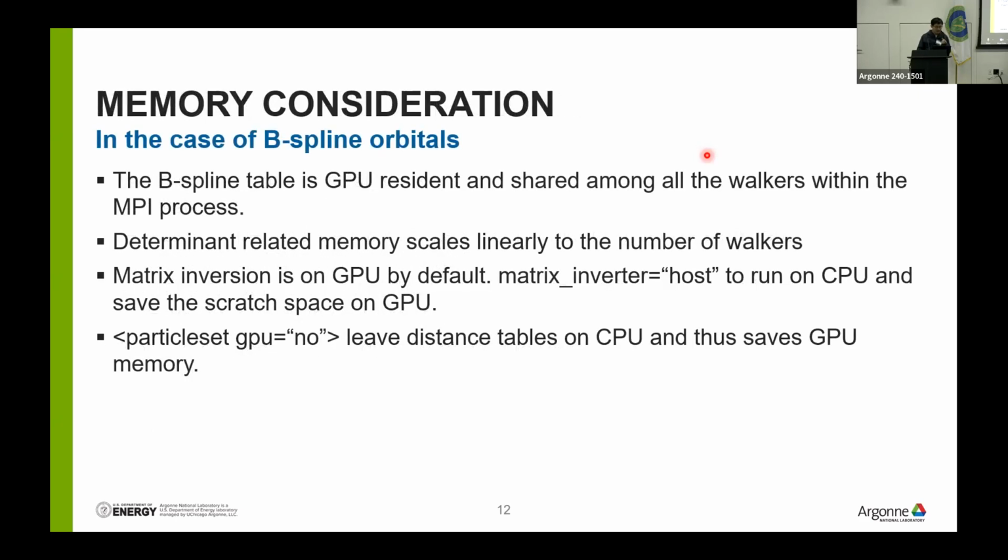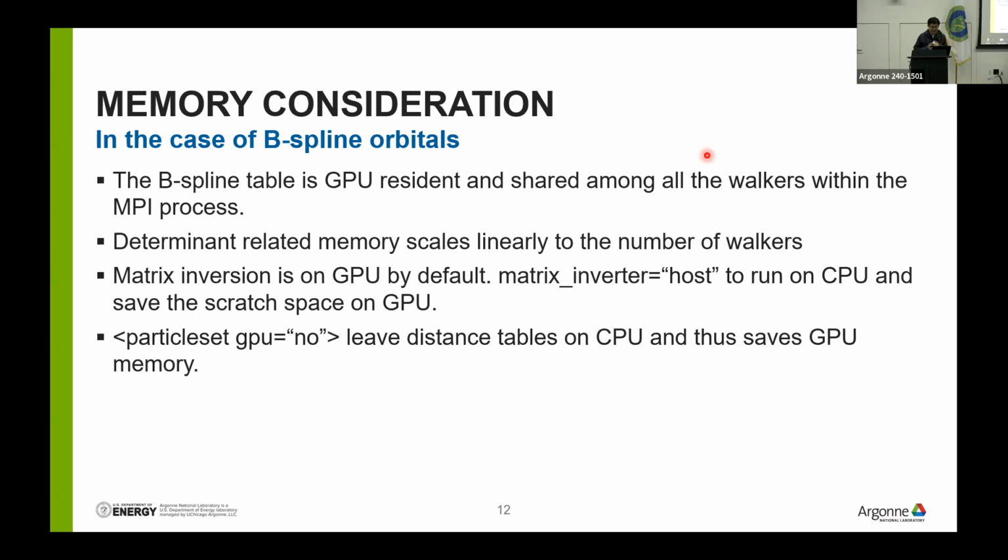Okay, a bit of memory considerations. The reason we choose 1 MPI process per NUMA is because of those data access patterns. We have data structures shared across the workers, consumed by the workers within the MPI process. One example is the B-spline table. When we want fast access, we make it GPU resident.